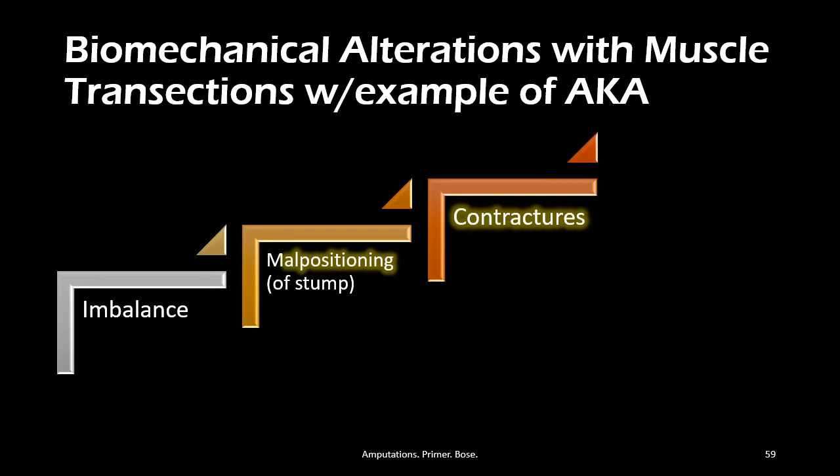For example, a very high above knee amputation, or AKA, will lose the insertion of the adductor group, which are typically attached to the femur at the proximal, medial, and distal ends. An unopposed pull of the hip abductors will cause contracture of the shorter abductor group and thereby limit the adduction of the hip.